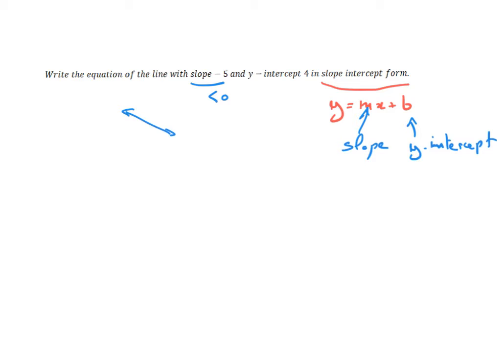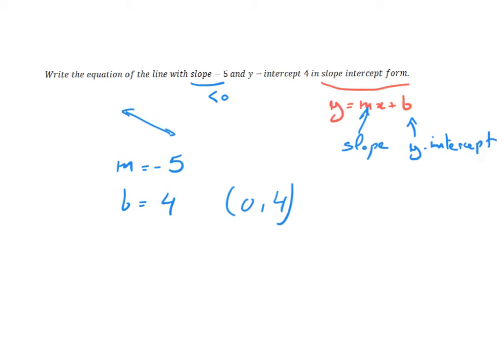So we have a slope here which is -5. So m equals -5. And b will be 4, right? The y-intercept will be 4. I mean, the line will intersect the y-axis at (0, 4).